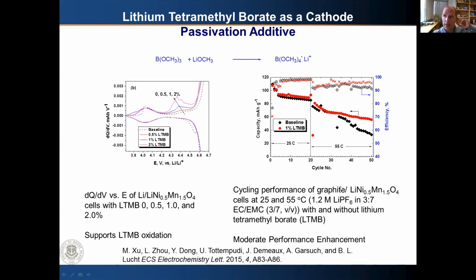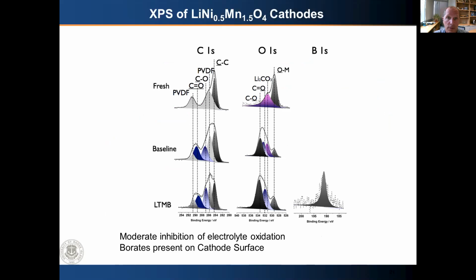While this was not as good an improvement in performance as what we observed for LiBOB, it was nonetheless promising and encouraged us to look further at developing borate-based additives as high voltage electrolyte additives.